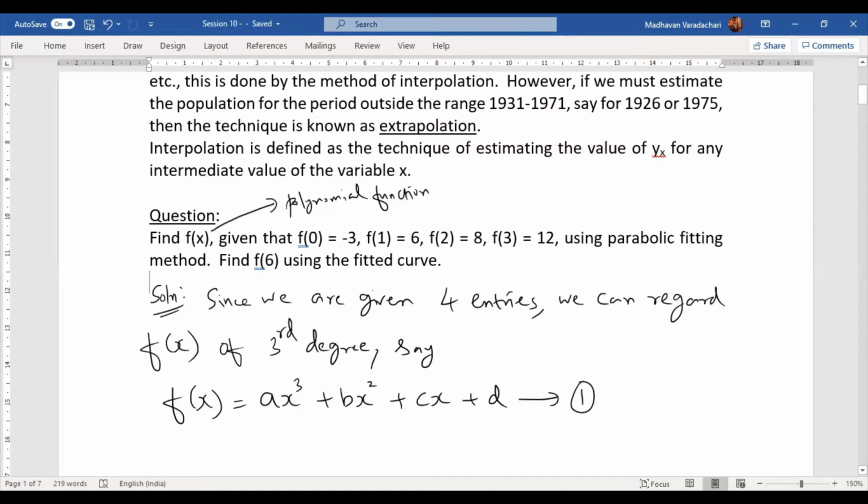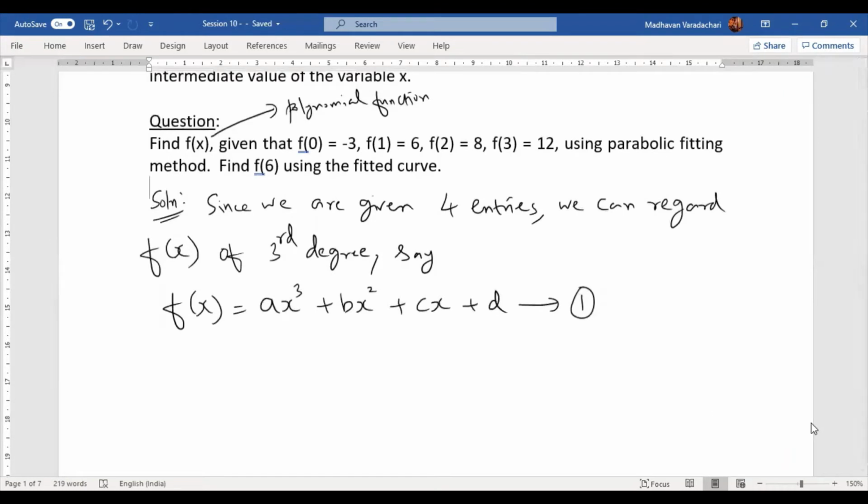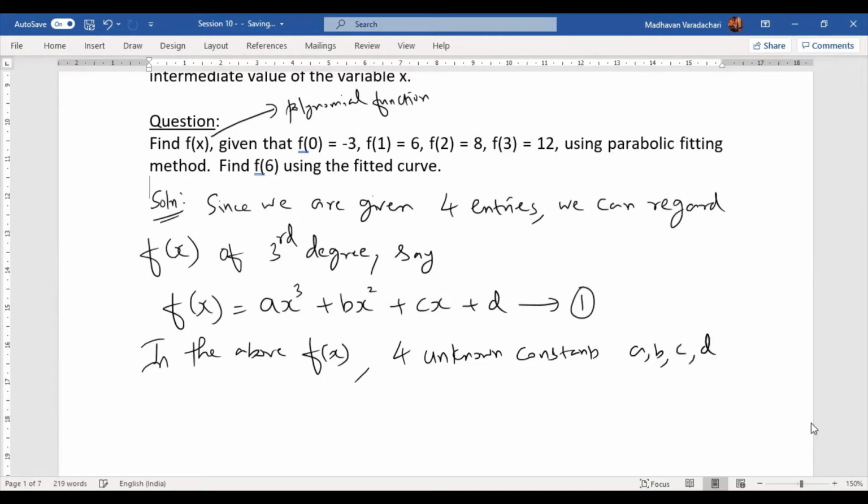Now let us proceed. In the above f of x, 4 unknown constants a, b, c and d need to be evaluated.